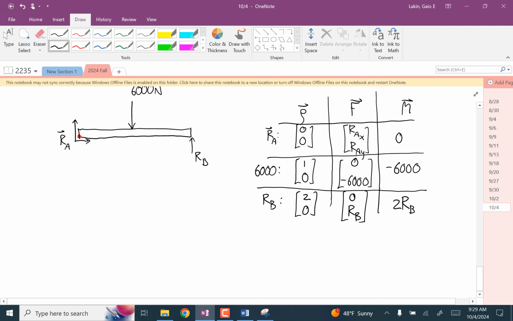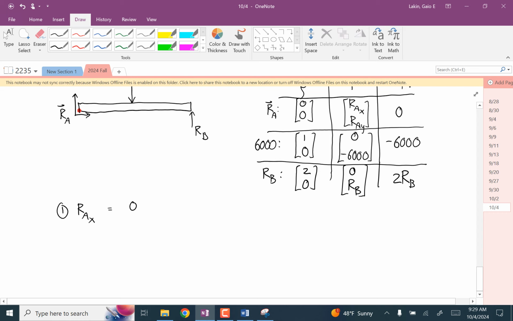So we get 3 equations. The first one says RAX is equal to 0. The second one says RAY plus RB minus 6,000 is equal to 0. So I'm going to put it on the other side as positive 6,000.